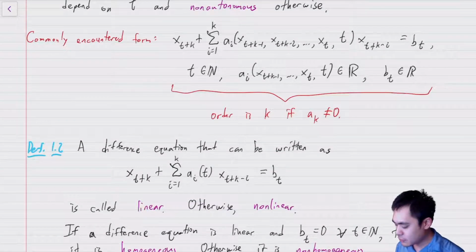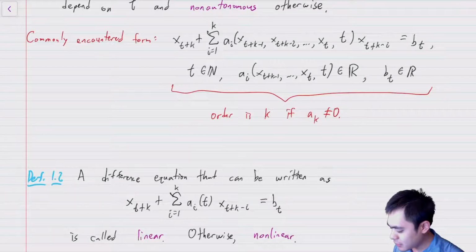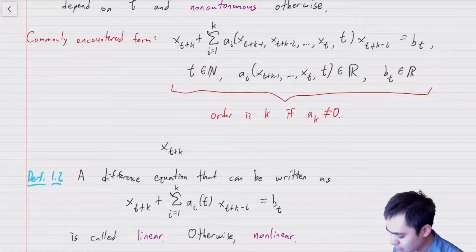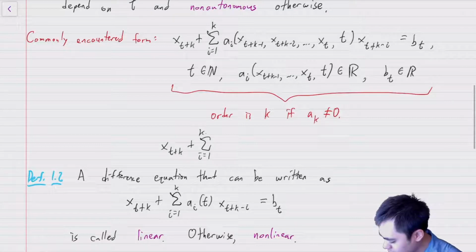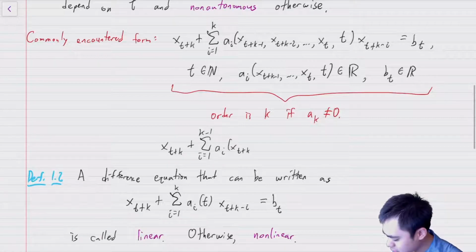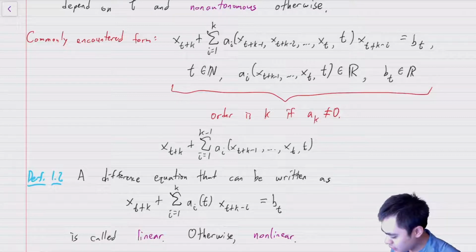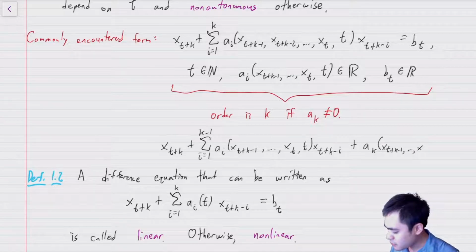And this is pretty easy to see because if we were to write this out explicitly, then what that means is we have some function x sub t plus k plus the summation, and let's go only up to k minus 1 here, and let's break out the last term, of a sub i times x sub t plus k minus i, and plus, of course, we're breaking this term out, so this is a sub k, the kth one of these coefficient functions, and of course it can be a function of all the state variables, times x sub t.